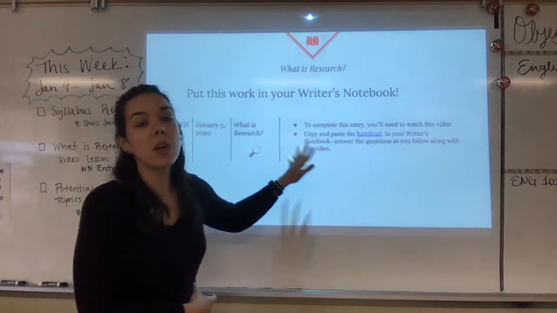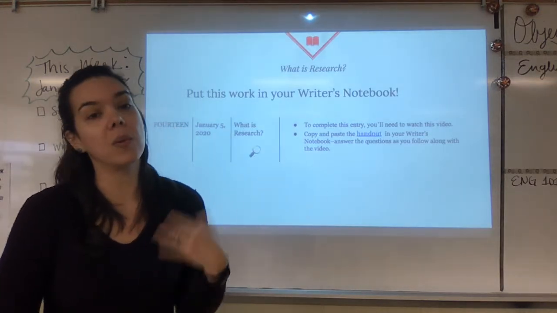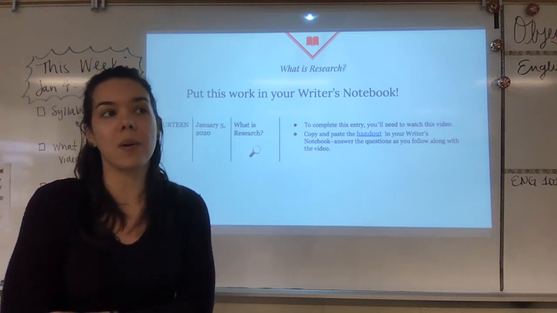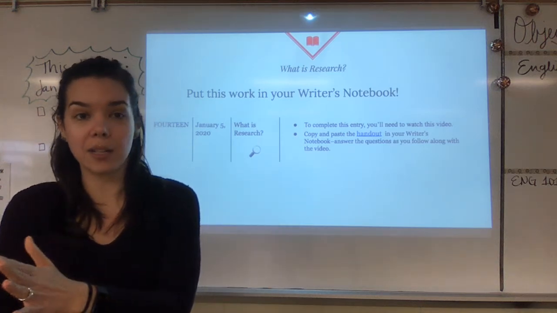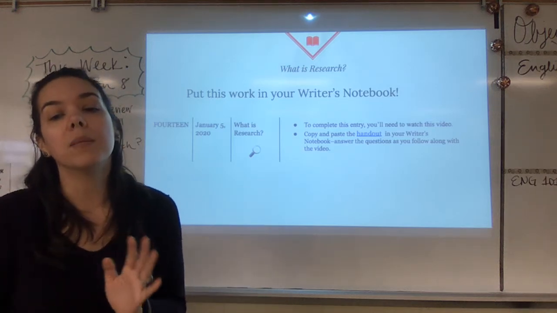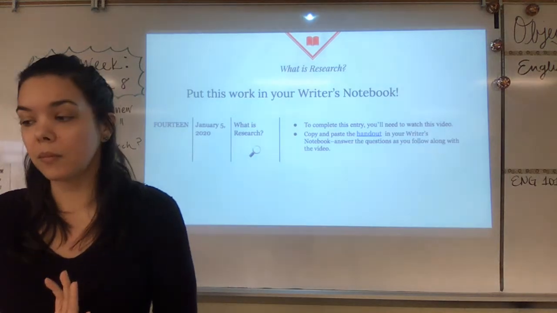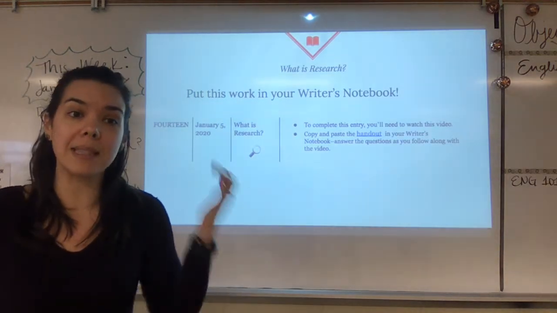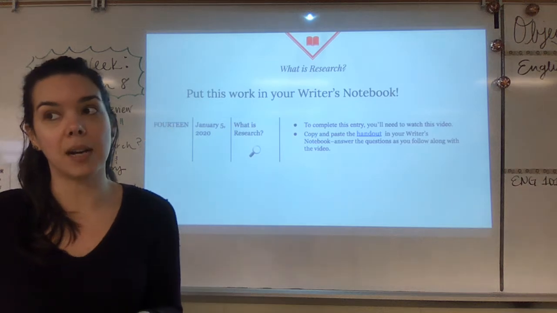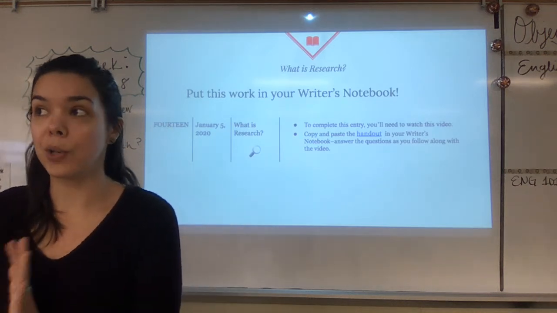And then please also differentiate your text from the questions that you insert into your writer's notebook. So whether that's you bullet your answers or you put your answers in a different color, just differentiate it somehow, whatever works best for you, so that whenever I go to read them, I'm not going to have a hard time trying to figure out where the question ends and where your answer begins.